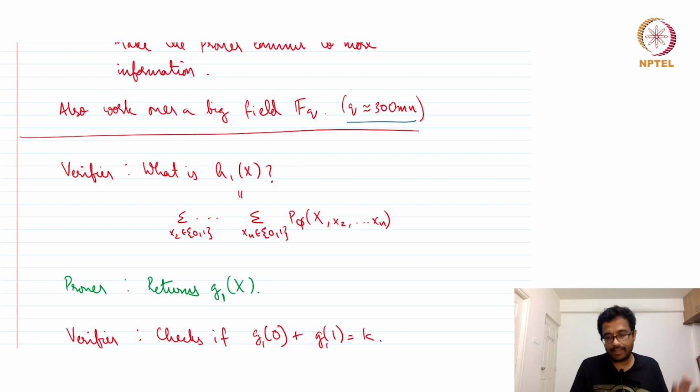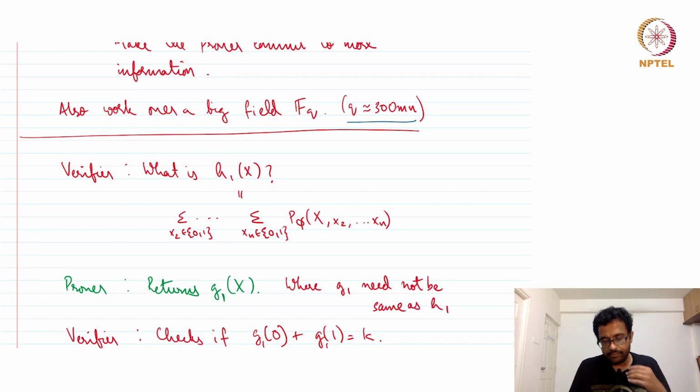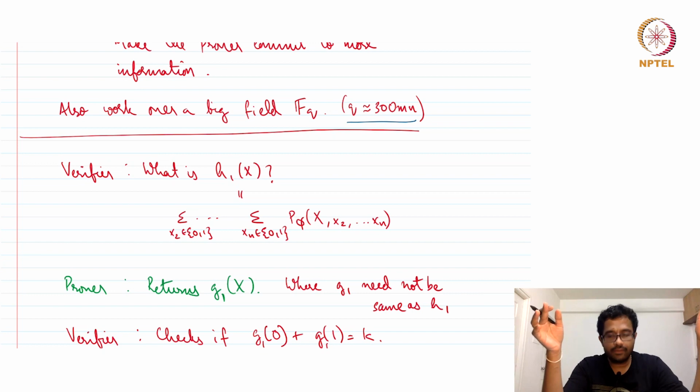Let's say he returns some polynomial g1(x), where g1 need not be the same as h1, but he could be smart enough and craftily produce g1 such that g1 of 0 and g1 of 1, if you sum them, will add up to k.